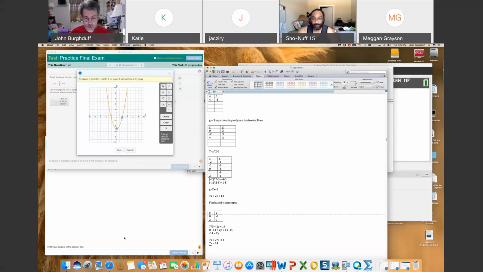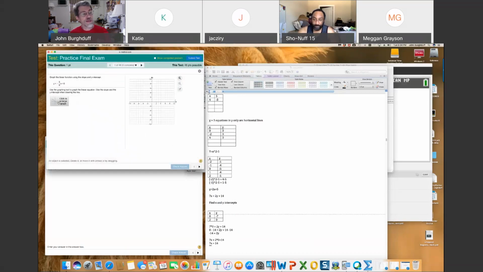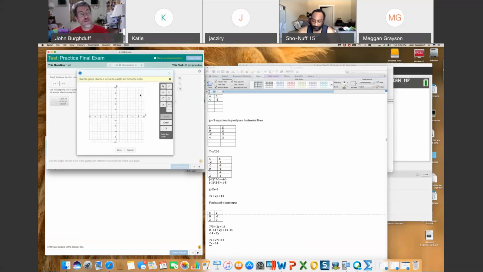So just plug in 0 for x, and 0 for y. Then when we come back over to our graph, this will be a straight line because there were no exponents. The points would be 0, -7, you click that one, and 2, 0, you click that one. And it should look like that.